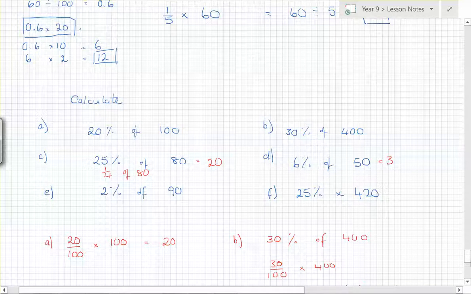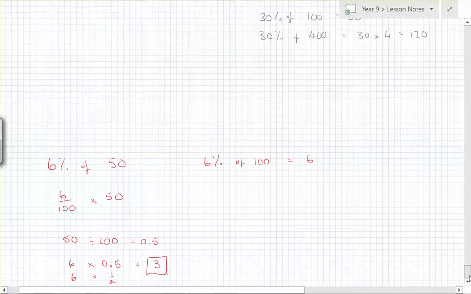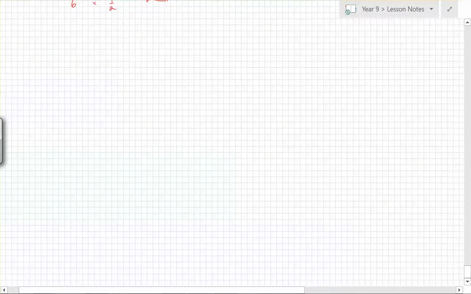Now, what about 2% of 90? Let's have a look. This is harder because we can't really do out of 100. Let's do the long way: 2 over 100 times 90. 90 divided by 100 is 0.9.